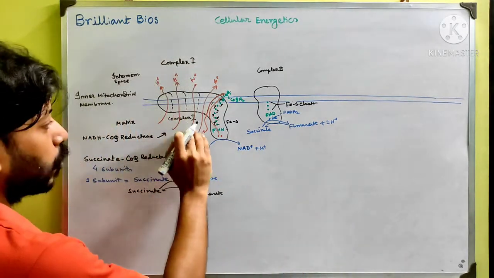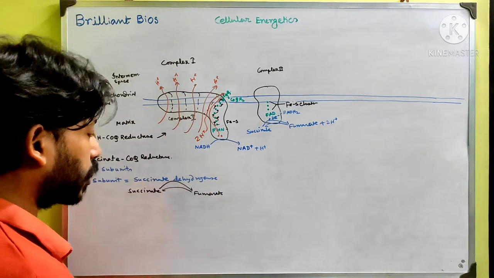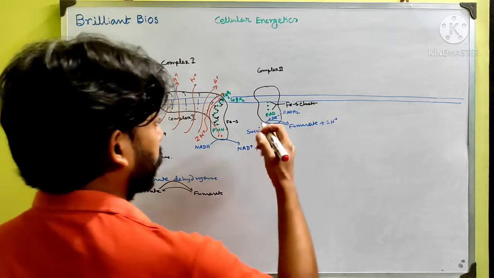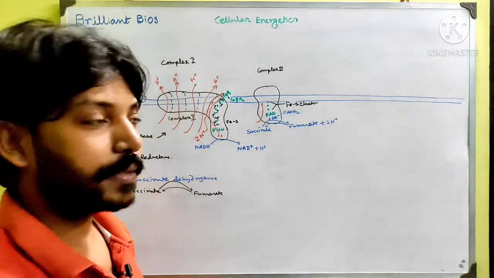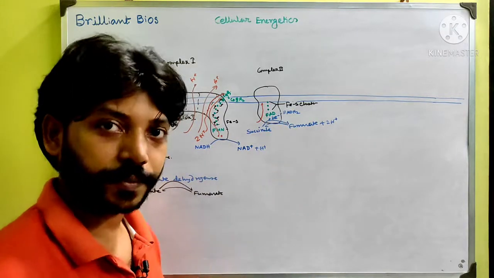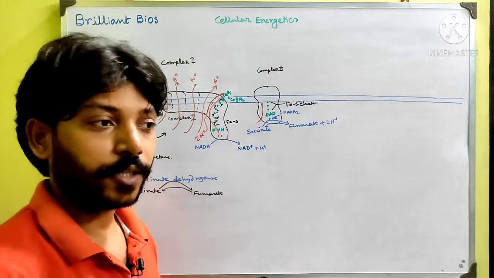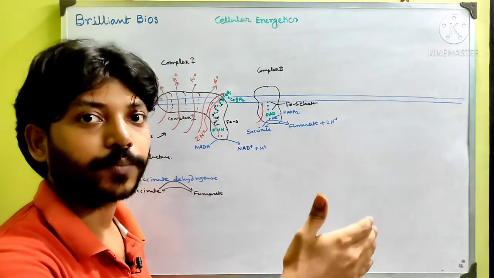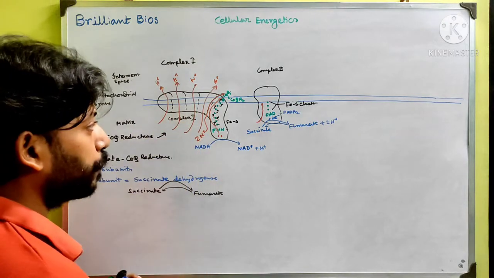As I have mentioned for complex 1, the direction of electron flow is unidirectional, that means electrons flow only in this way. For that reason the acceptors or transporters of electrons should have low to high reduction potentials. I have already discussed this.